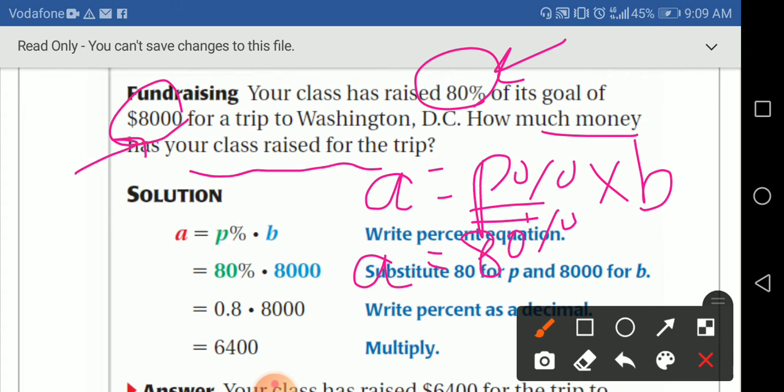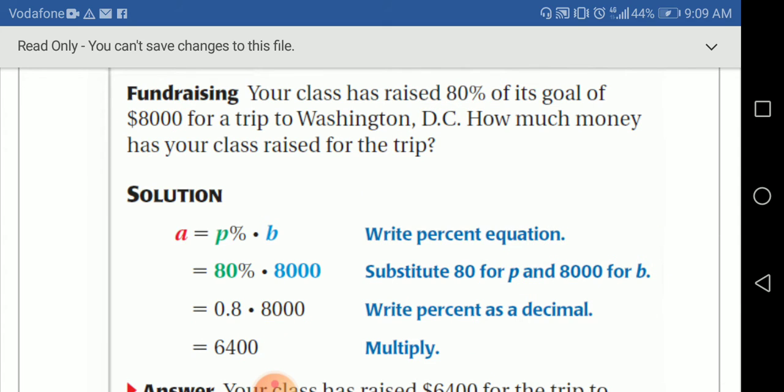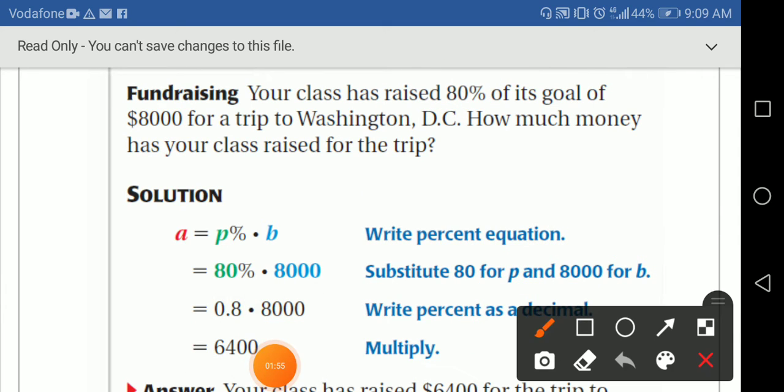So 80% times the base, which is 8,000. 80% means 80 over 100, and 80 over 100 means 0 goes with 0, 8 divided by 10 gives me 0.8. So it will be 0.8 times 8,000. So it gives you what? 6,400. Okay, guys, easy.